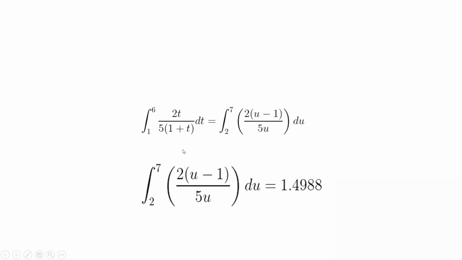For the third term, we divide (u minus 1) by u, with 2/5 outside the integral, giving 1 minus 1 upon u, and we can solve it. After solving we get 1.4988. Please note the limits are 2 to 7, since u is equal to 1 plus t, so we add 1 to the limits 1 to 6.